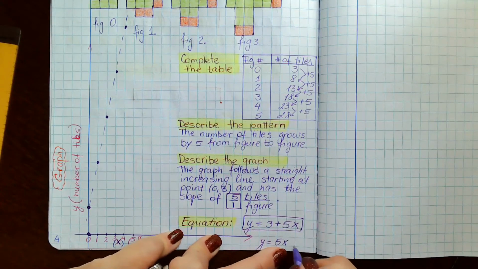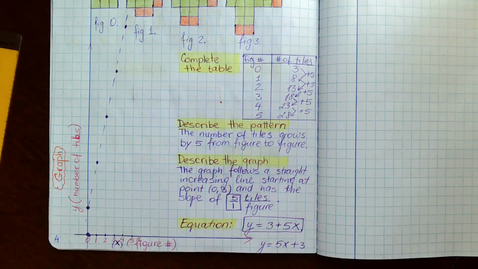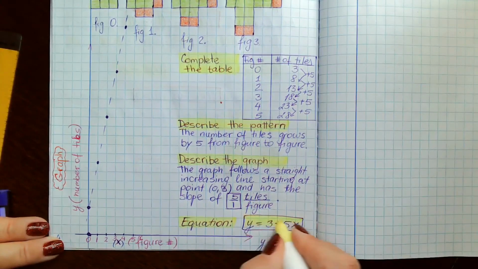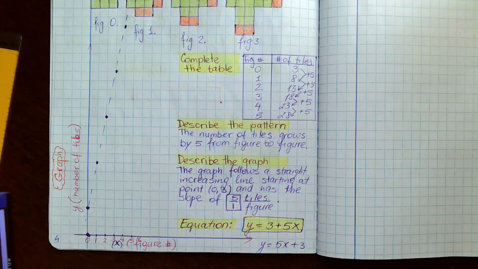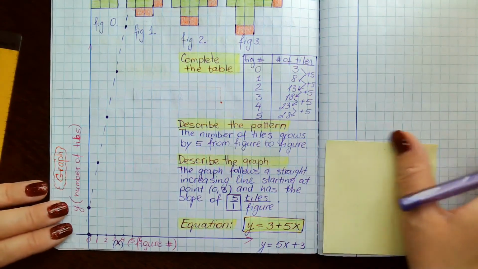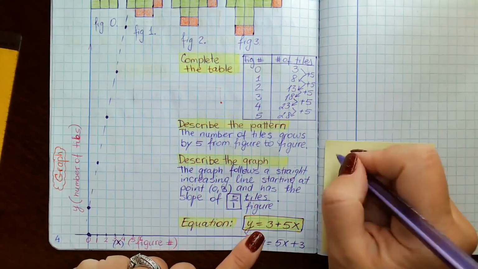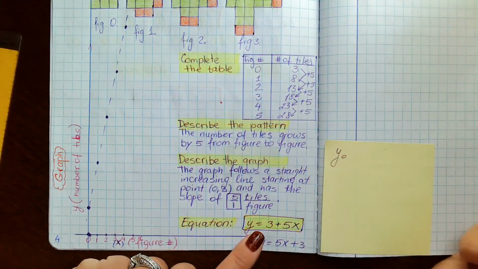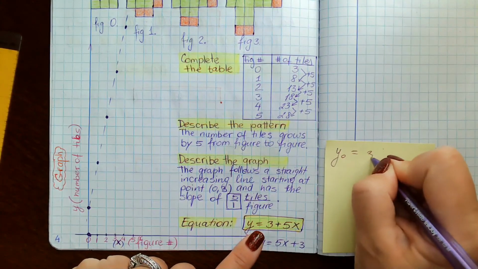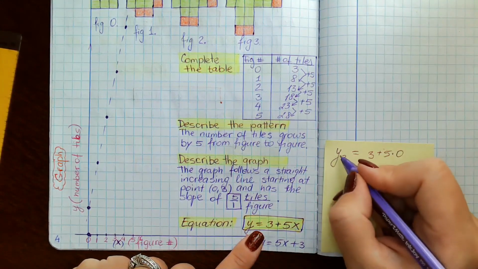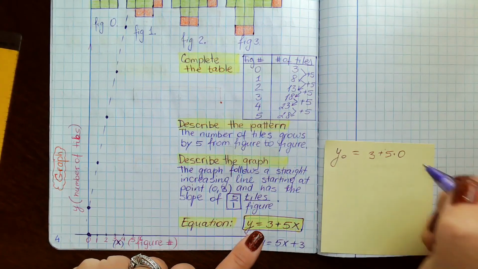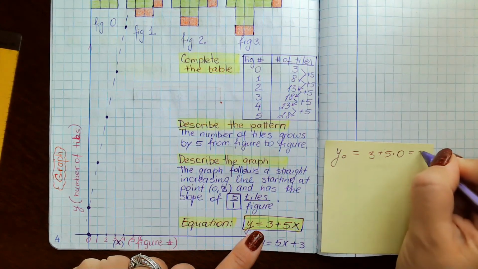So every figure, and we'll test that, the number of tiles can be calculated using this equation. So for instance, again, testing this equation. y of 0, figure number 0, is going to be 3 plus 5 times 0, replacing that x with the value of 0. And that is 3 plus 0, which is 3.